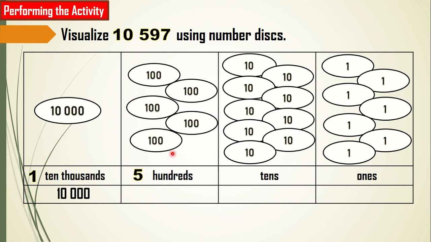We have 5 hundredths. 5 100 discs is 500. How many tenths do we have? We have 9 tenths. 9 tenths is equal to 90. How many ones do we have? We have 7 ones. 7 ones is 7.